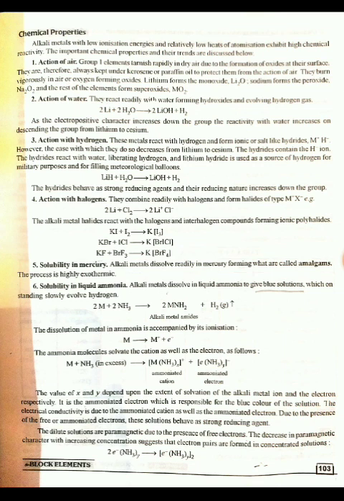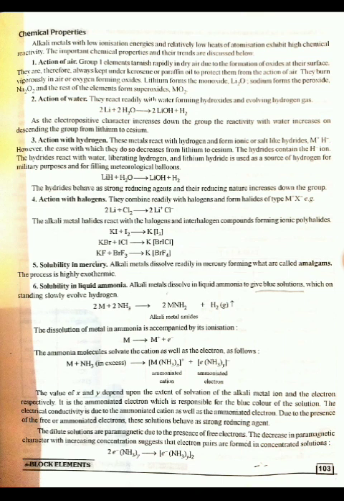Sixth, solubility in liquid ammonia. Alkali metals dissolve in liquid ammonia to give blue solutions, which on standing slowly evolve hydrogen. 2M plus 2NH3 gives 2MNH2, which are alkali metal amides, plus H2 gas. The dissolution of metal in ammonia is accompanied by its ionization: M gives M+ plus an electron.